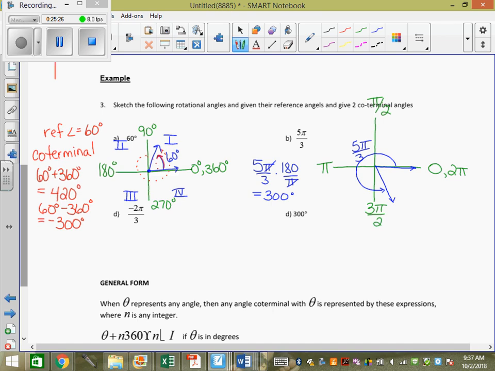Now what's our reference angle? How far are we away from the x-axis? 60. And what's 60 in radians? 60 divided by 180. If my question is in radians, my answer has to be in radians.